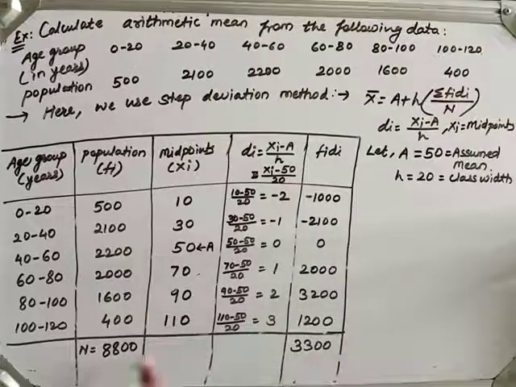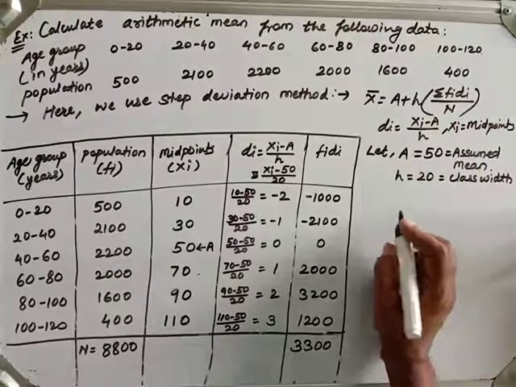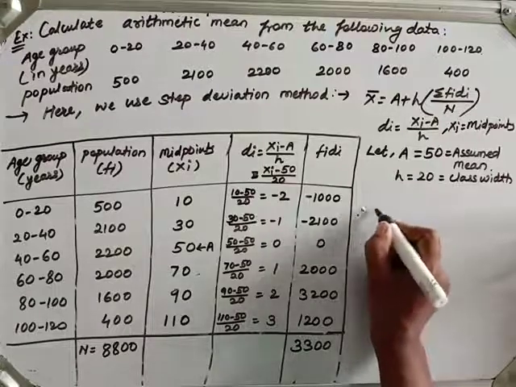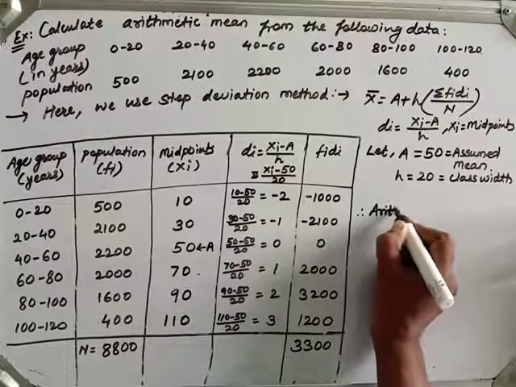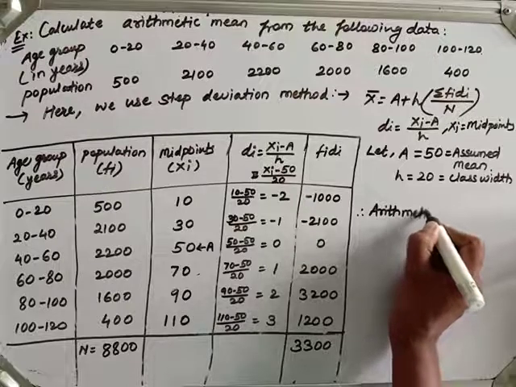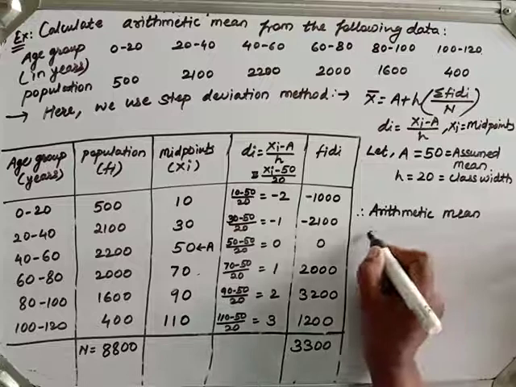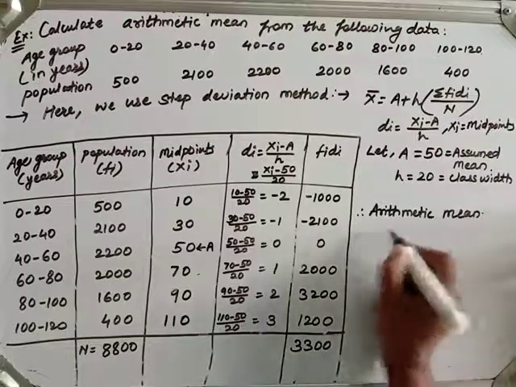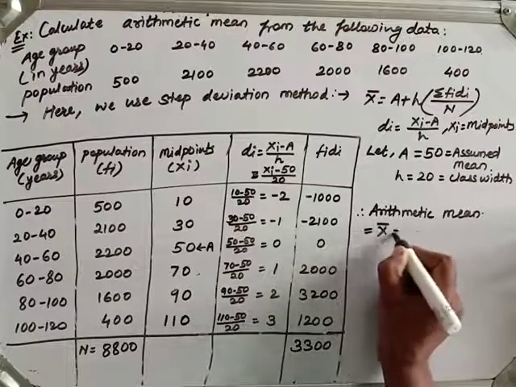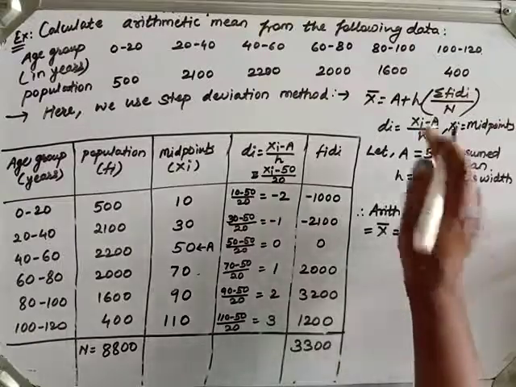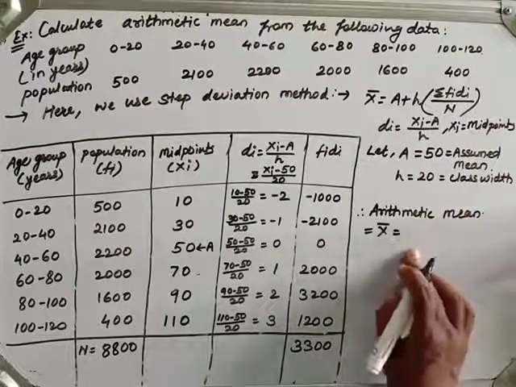Fine. Now let me use the formula so that we get the arithmetic mean. Now we have those values whatever we need here. Therefore the arithmetic mean, that is x bar, is equal to A plus, the formula is already written, so let me write the values directly.